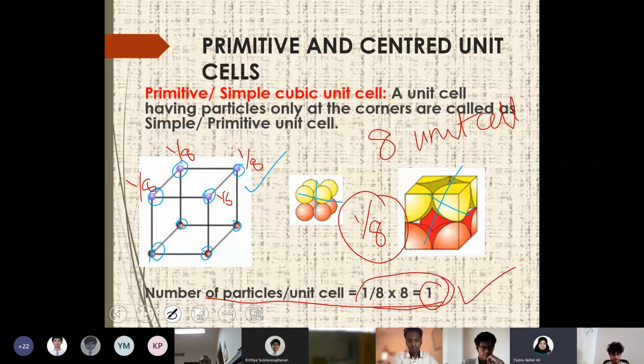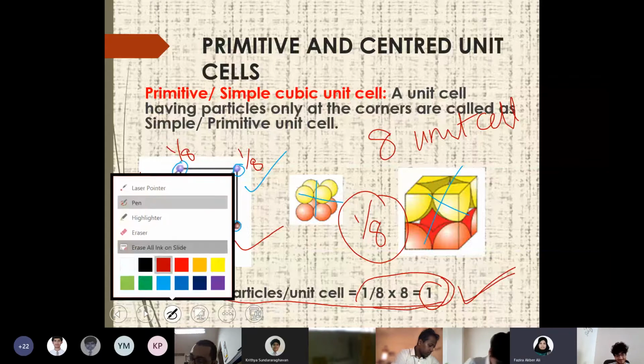They may ask a 1 mark or 2 mark question: find the number of particles in a primitive or simple cubic unit cell. You can draw the structure and say that each particle in the corner is shared by 8 unit cells, so the contribution of a single particle will be 1 by 8. So the total number of particles is 1 by 8 into 8, which is equal to 1.